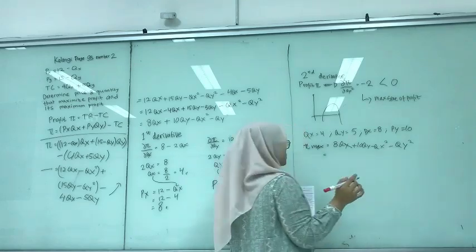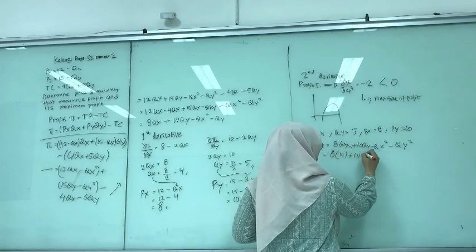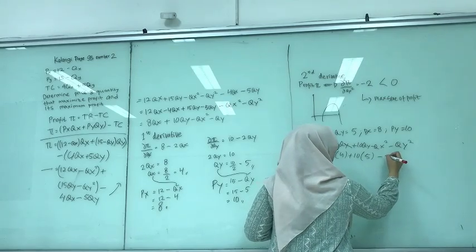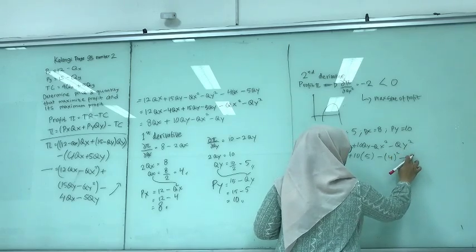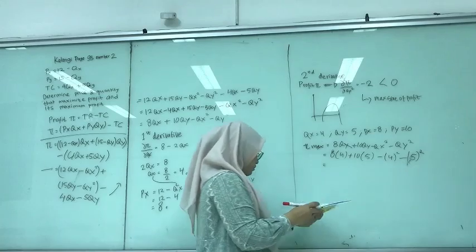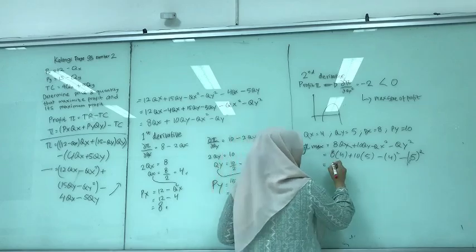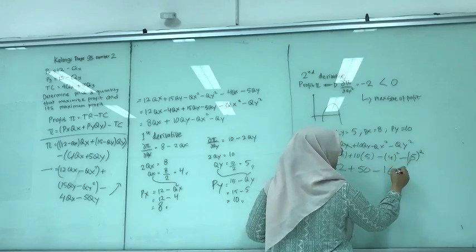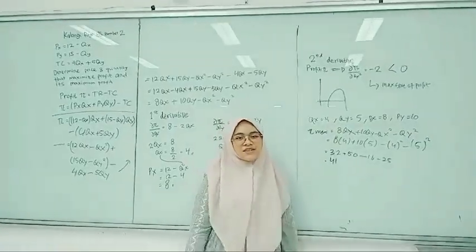Then substitute: 32 plus 50 minus 16 minus 25 equals 41. That's all for me.